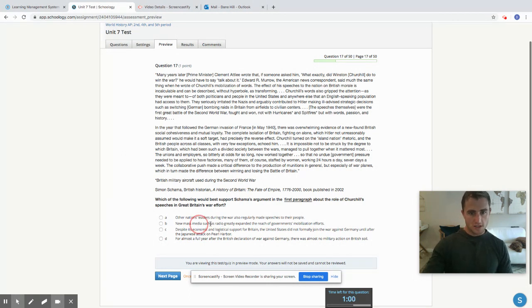New mass media such as the radio greatly expanded the reach of government's mobilization efforts. Aha, that sounds good because it's helping the British people mobilize, and we know that he used the radio. Okay, despite its economic and logistical support for Britain, the United States did not formally join the war against Germany until after the Japanese attack on Pearl Harbor. Very true, but is it what he's talking about in the first paragraph of the stimulus?